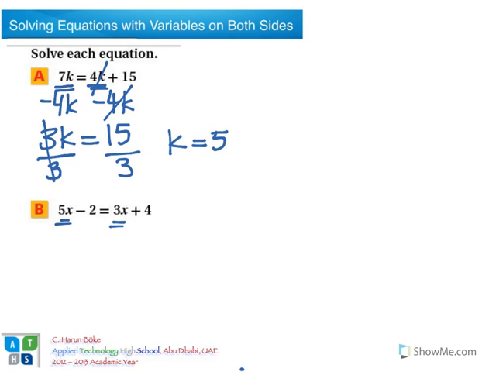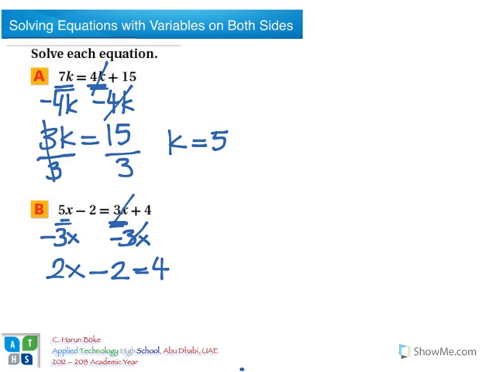In the second equation, the smaller variable is 3x. So I will go like minus 3x from both sides, so that in the right hand side there won't be any variable anymore. In the left hand side it is 5 minus 3, 2x minus 2 equals 4.